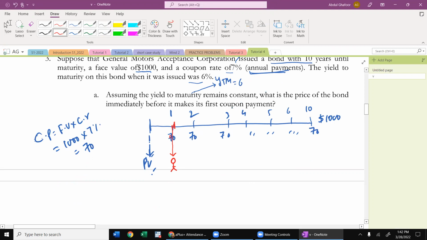Immediately before the first payment means 70 will be paid maybe in the next moment. In other words, some time has already passed. So I'm not standing here, I have moved to maybe the 29th or 30th of December. Just one day more is left where I will be getting my first coupon payment. Are you getting me?